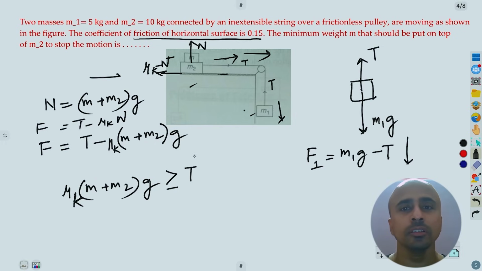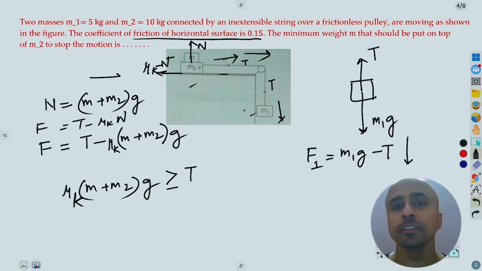Otherwise the string tension will be capable of pushing this m plus m2 system in this direction, and there will be motion. Did you understand what I am trying to say? If mu k N is larger than this tension, then this system will remain still, it will not move, because it is then static friction.